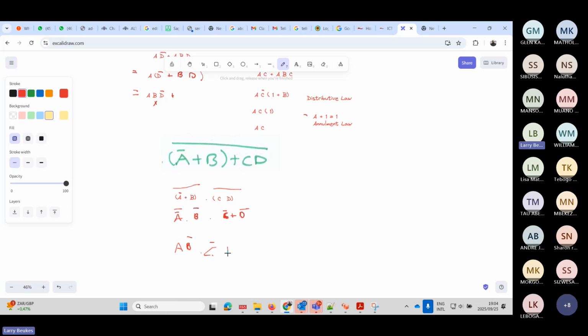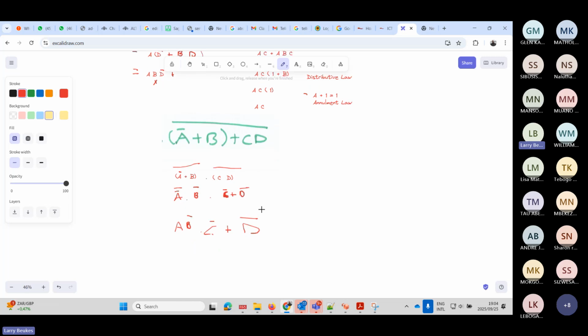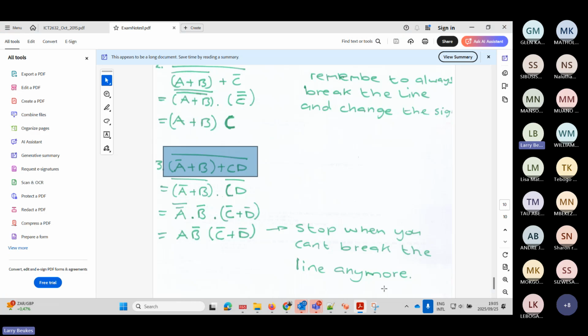Then you're going to OR it with a D naught, right? So this is basically what you just say. Then from here, you can't factorize any further. Let's see, what was our final answer there? A, B, C naught.